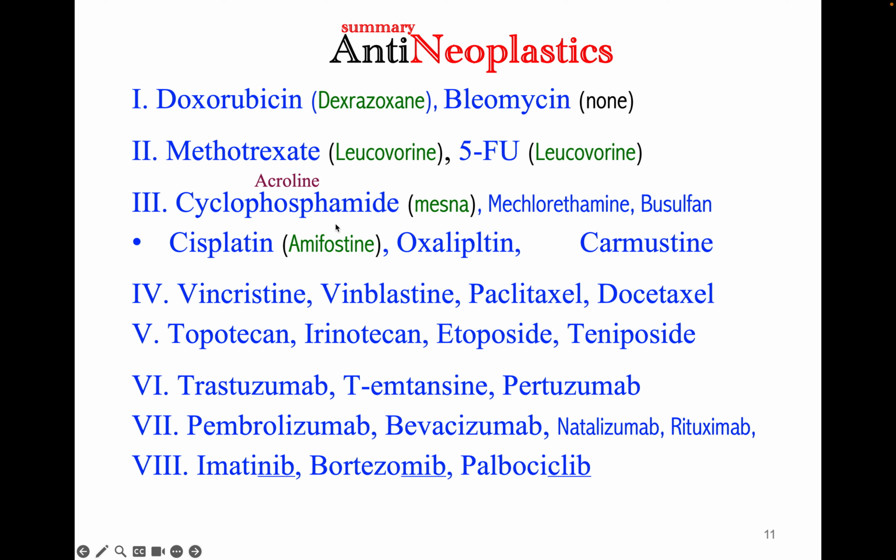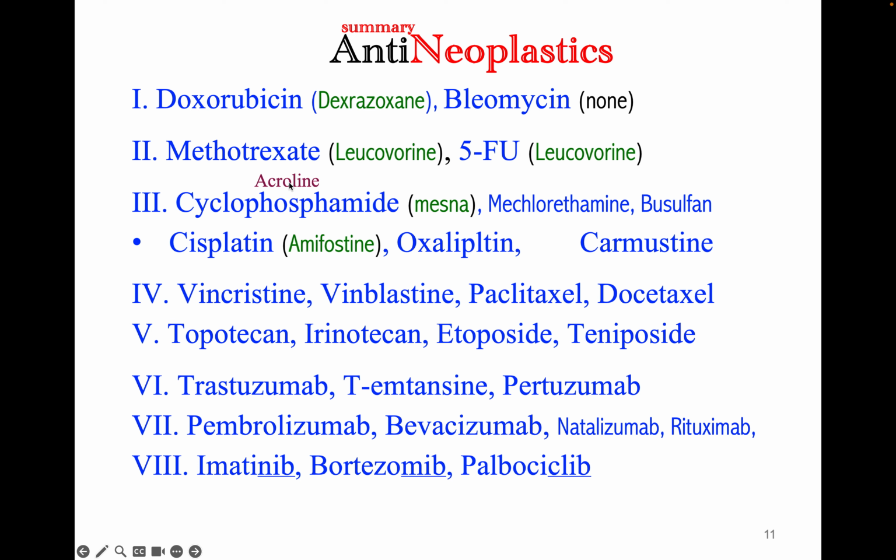Therefore blood will be appearing there. But to prevent acrolein toxicity, mesna has to be pre-treated. If you don't give mesna with cyclophosphamide, the patient can produce acrolein, and it's going to damage the urinary bladder. What mesna does is, mesna is going to bind the acrolein.